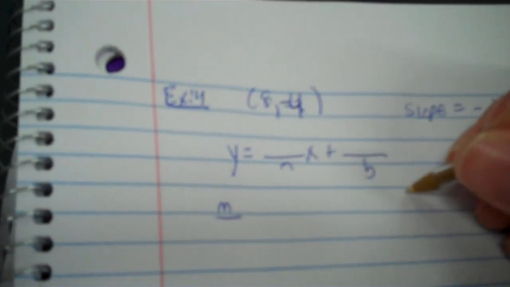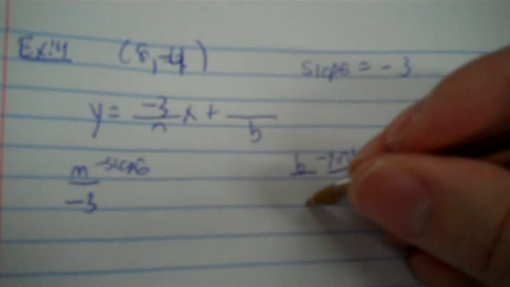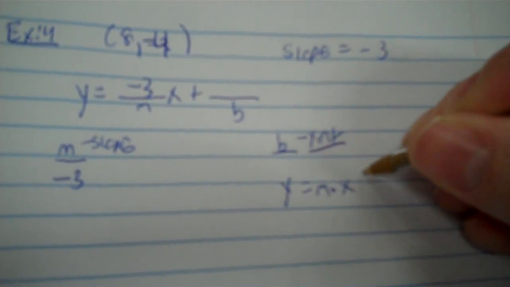Okay, example 4. 8, negative 4. That's a negative 4. And slope of negative 3. Okay, so the slope is negative 3. And again, b is y equals m times x plus b.